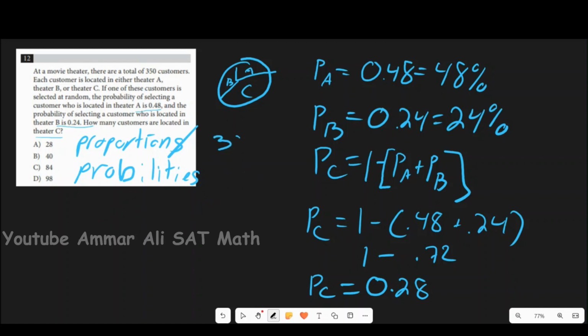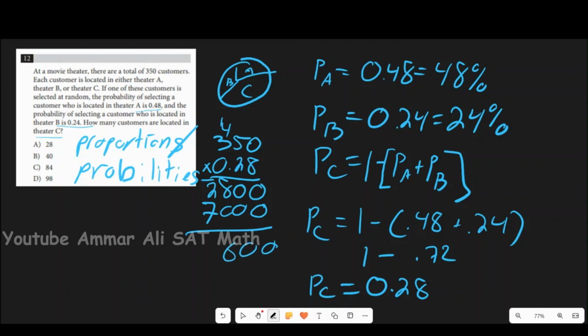So 350 times 0.28, and I'm just going to do it this way. You can use your calculator, but I like to do things by hand. 8 times 0 is 0, 8 times 5 is 40, put the 4, and then 8 times 3 is 24, plus 4 is 28, and then we bring the 0 here. 2 times 0 is 0, 2 times 5 is 10, and then 2 times 3 is 6, plus 1 is 7, and we add it all up.